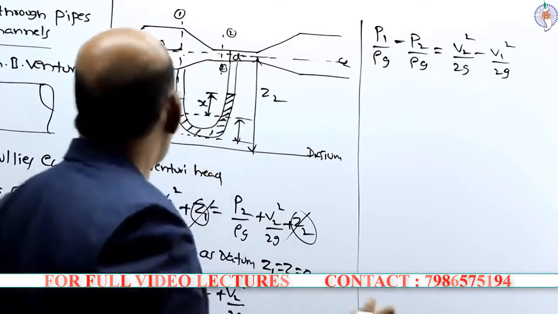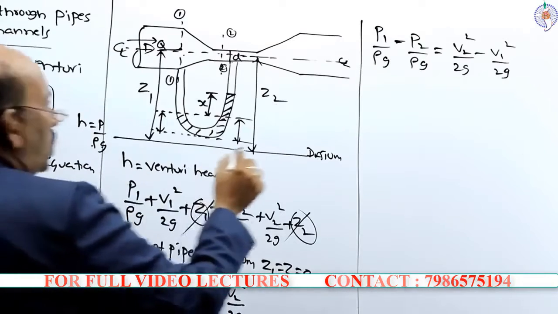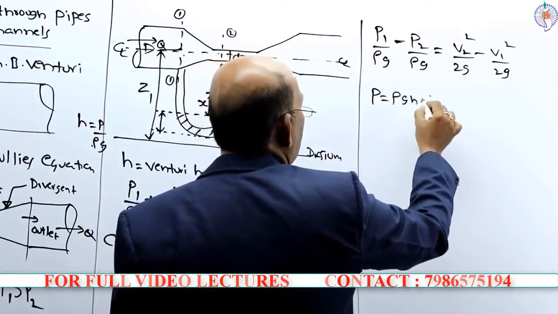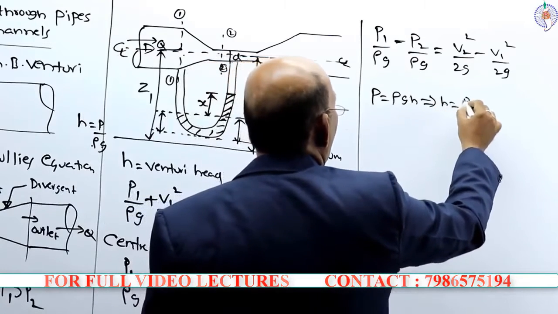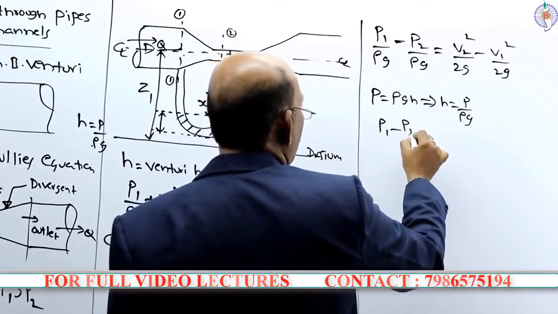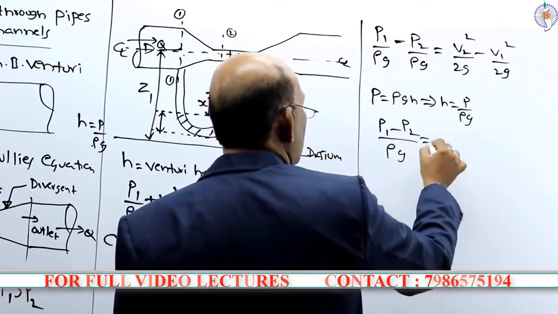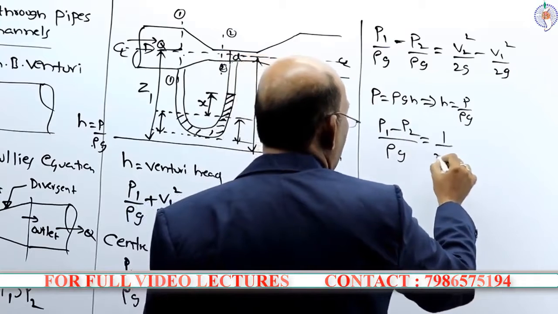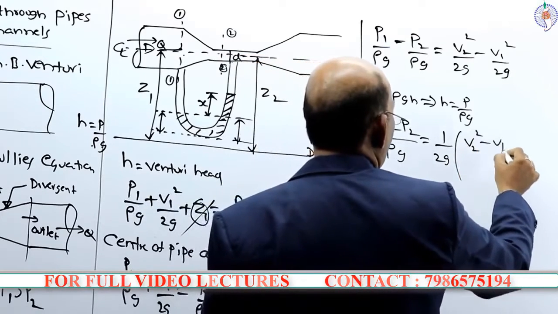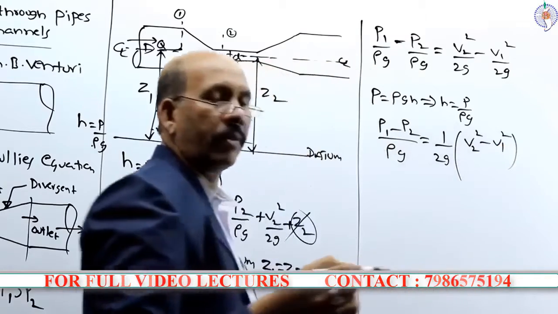Now, according to the formula, P is equal to rho g H, so H is equal to P by rho g. That means P1 minus P2 divided by rho g is equal to 1 by 2g into V2 square minus V1 square.